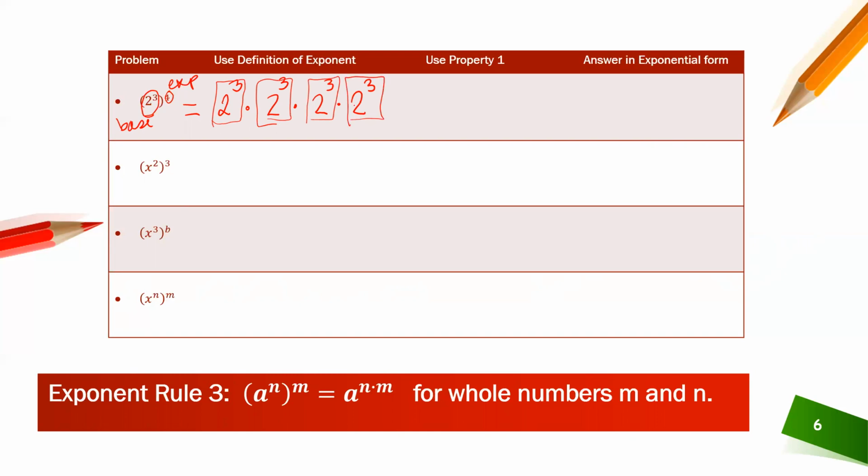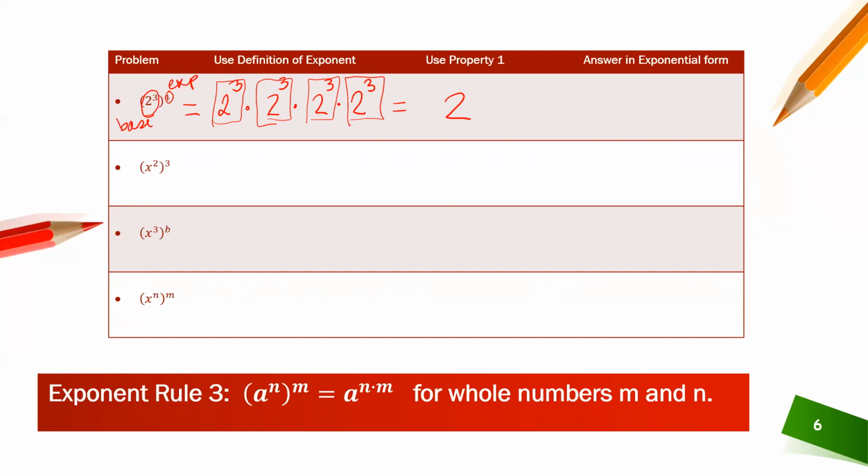Okay. Now, property number 1 said when I have exponential expressions with the same base, in this step my base is 2, and I'm multiplying them, what am I doing with the exponents? I would add them, right?